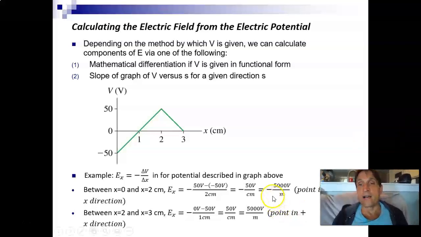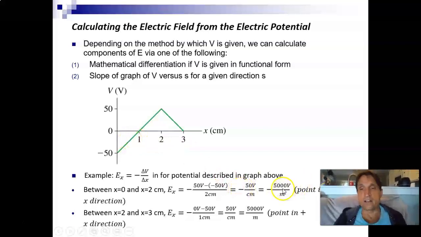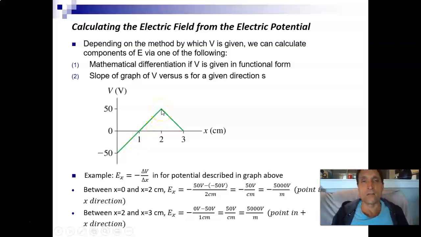Okay. The minus sign here means that the x component of the electric field points in the negative x direction. So it has a magnitude of 5,000 volts per meter, and it points in the negative x direction. Okay, so now what is the electric field between 2 centimeters and 3 centimeters? Well, it's just the negative of the slope.